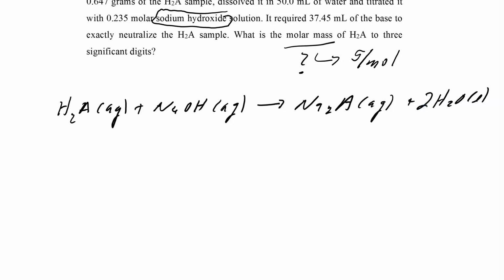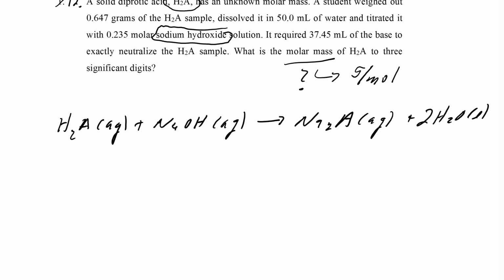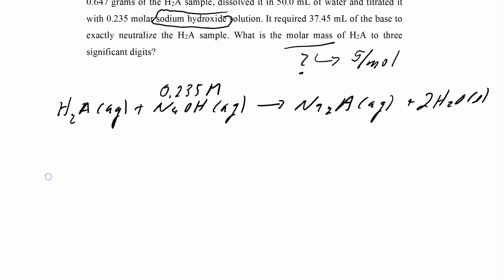Now we can look at the stoichiometry. What are we told here? Let's look at our sodium hydroxide because we have all the information on that. We're told that we have a 0.235 molar solution of our sodium hydroxide, and the titration required 37.45 milliliters. Once again, we've got molarity, we've got volume, multiplying them together is going to give us moles.